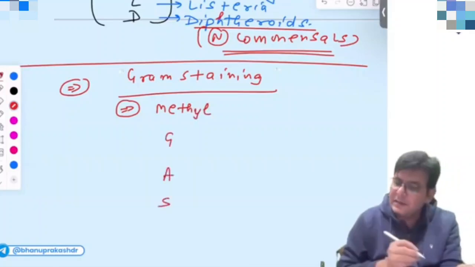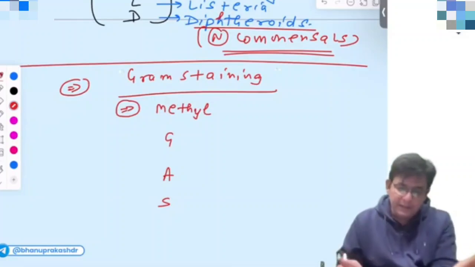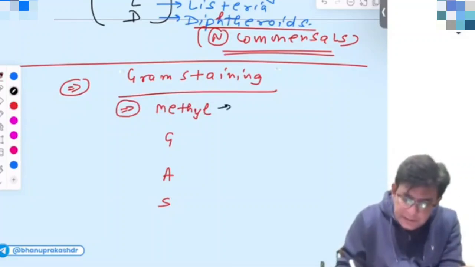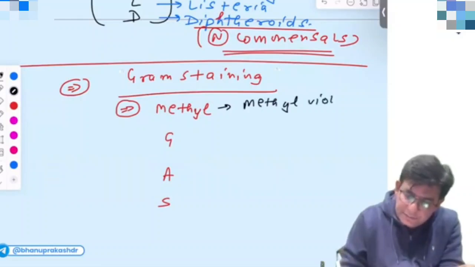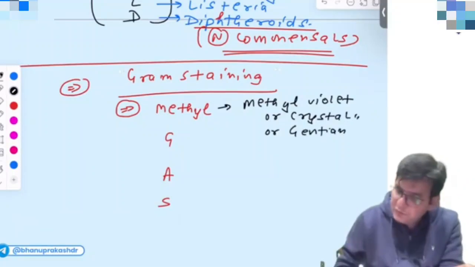Sequence is this. Is it fine now? Methyl gas, and what do you have in the methyl gas? Methyl violet, or crystal violet or gentian violet, any of the violet dye.